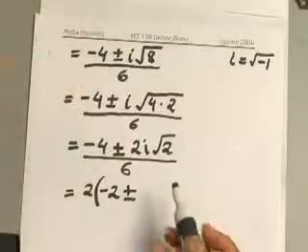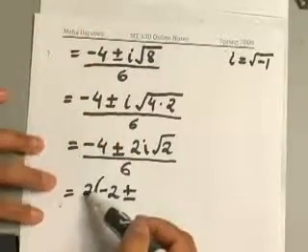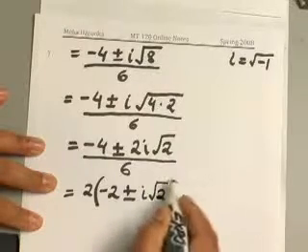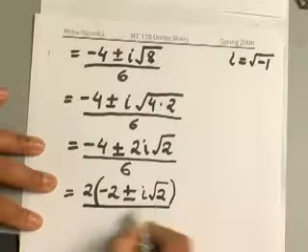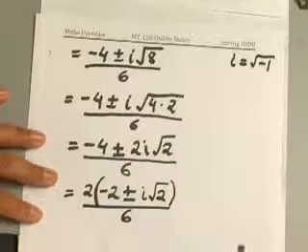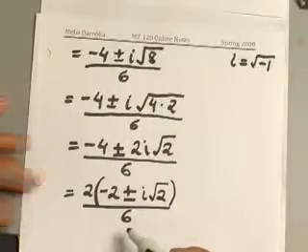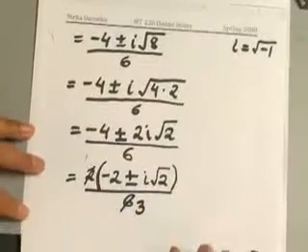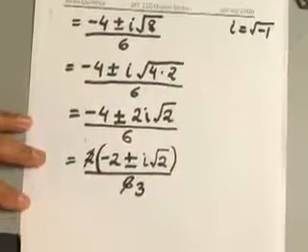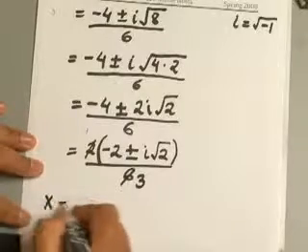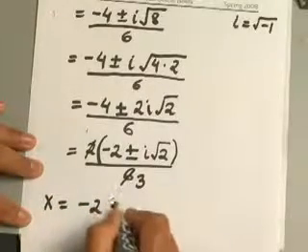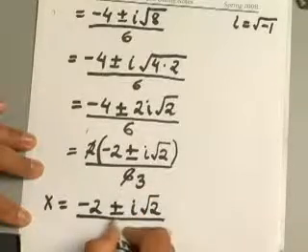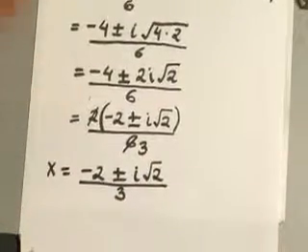Again, 2 divided by 2 will be 1, so the 2 comes outside, so that leaves you only with i square root of 2, and the whole thing over 6. Now, of course, 2 and 6 will not cancel each other out, but 2 can go into 6 3 times, so you can simplify it that way. And you will end up with x equals negative 2 plus or minus i square root of 2 and the whole thing over 3.